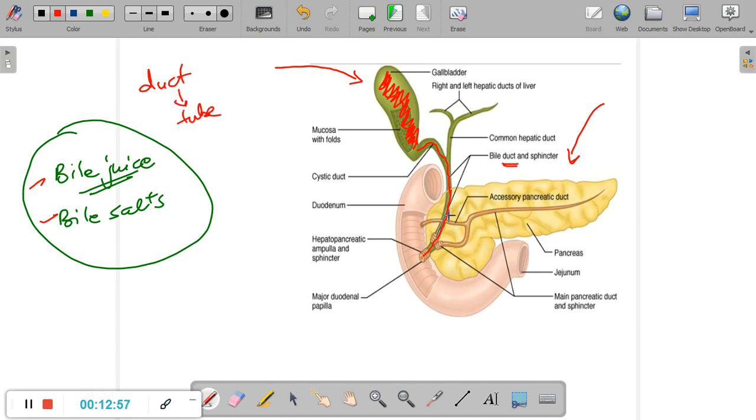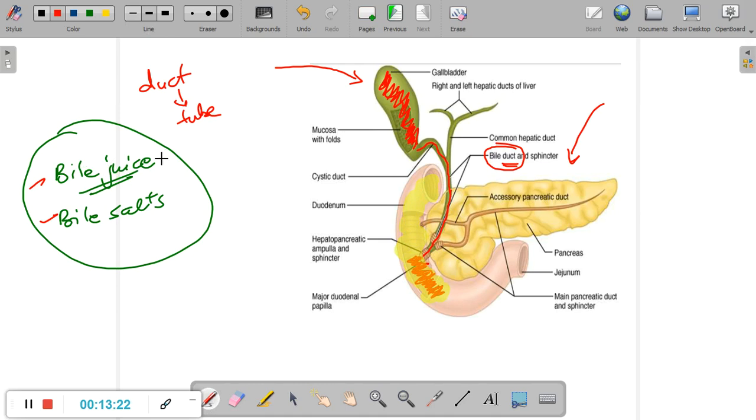So these two components move through a tube called the bile duct, and these juices are then released into the small intestine. This is the small intestine where this juice is being released. And if you remember, we have acidic chyme traveling down. The acidic chyme now mixes with these bile juices and bile salts.